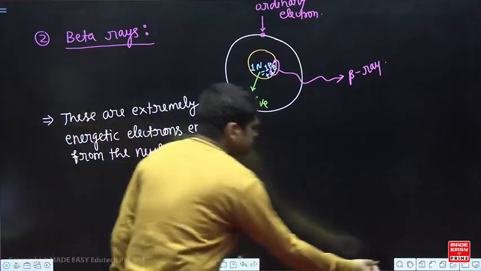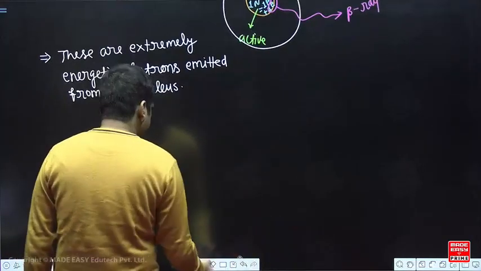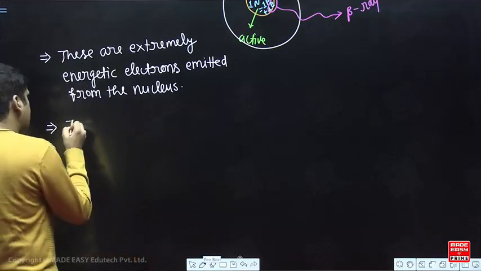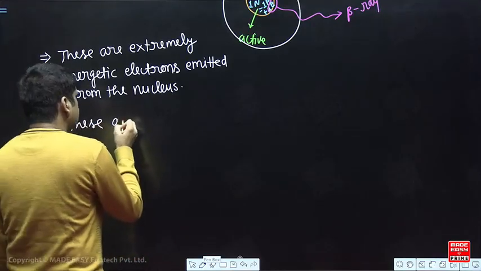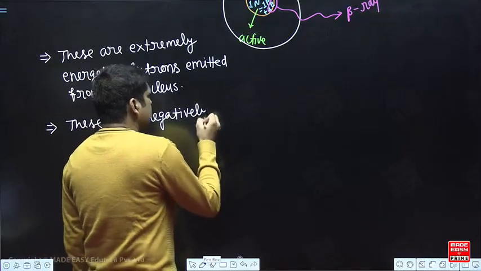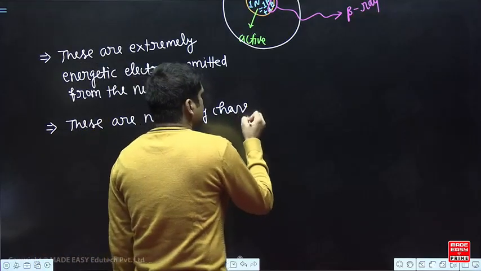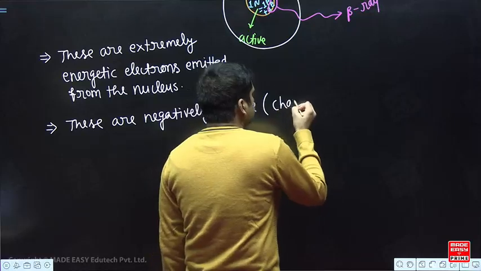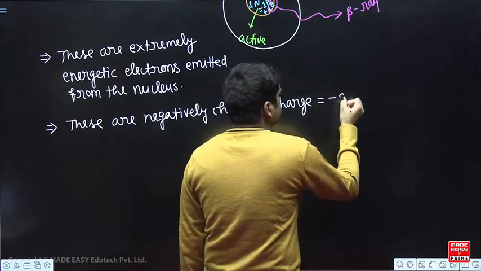Since these are electrons, they have negative charge. So these are negatively charged. The charge is minus q, that is equal to electron charge.